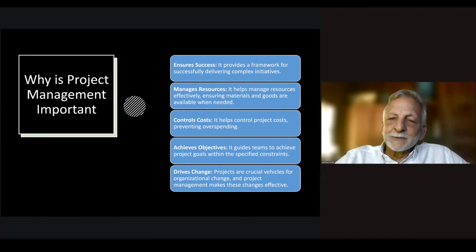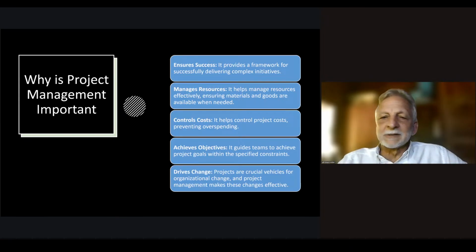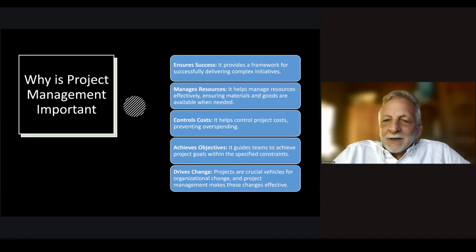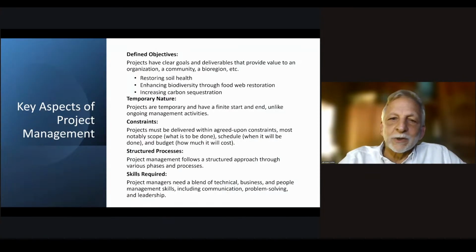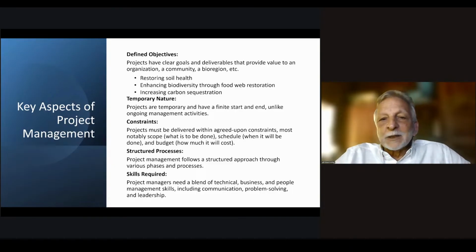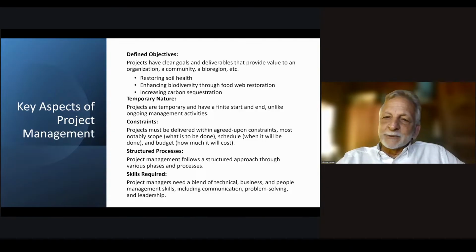So it ensures success, yes. It provides frameworks for this. The management of resources controls the cost, achieves objectives, drives change. This is what we need to do with our regenerative projects in agriculture, in whatever dimension we're working with. How do we define objectives? Is it restoring soil health? Is it enhancing biodiversity through food web restoration? Is it increasing carbon sequestration? What if I say all of the above?